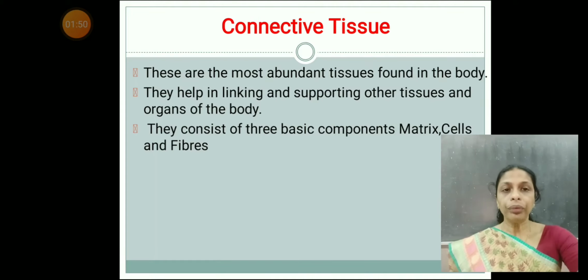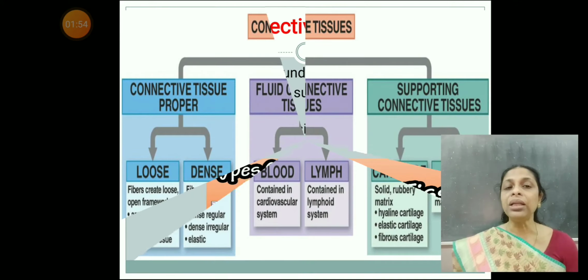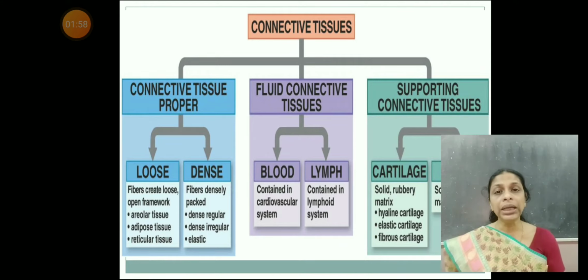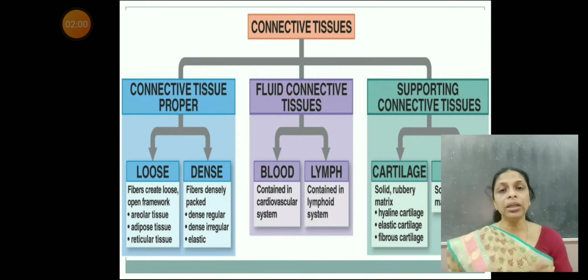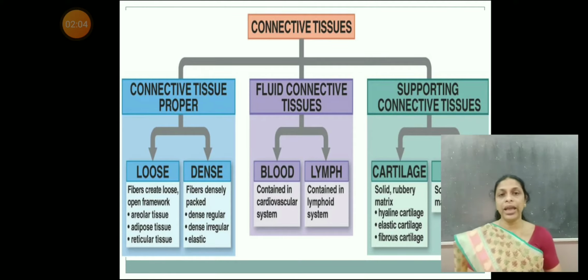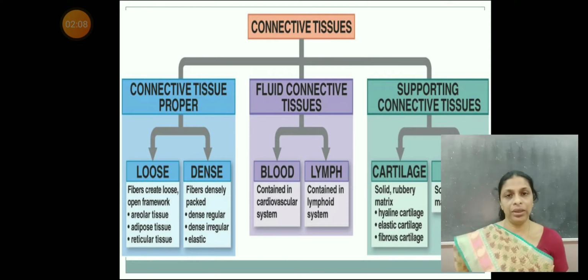Okay, now connective tissues are of different types. Let's see the various types of connective tissues. Connective tissues can be broadly classified into three types. Which are they? The first one, connective tissue proper.